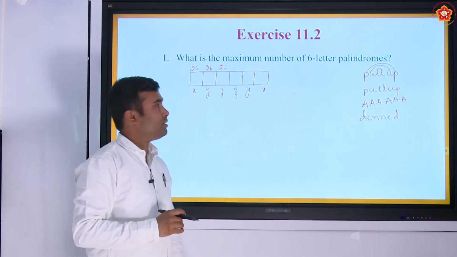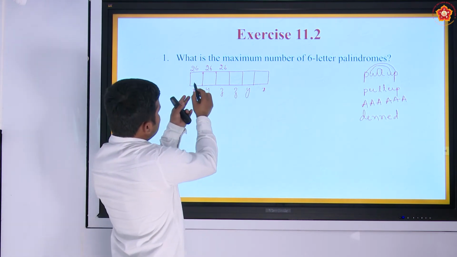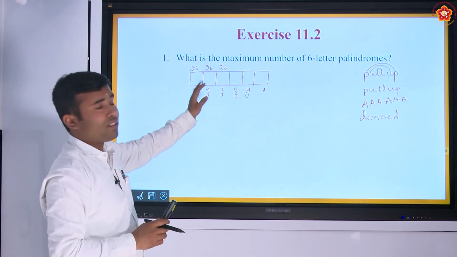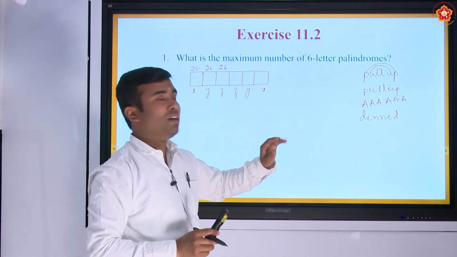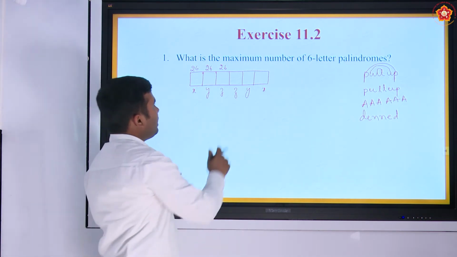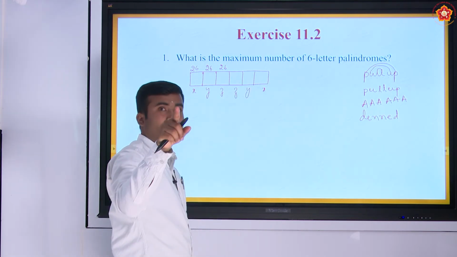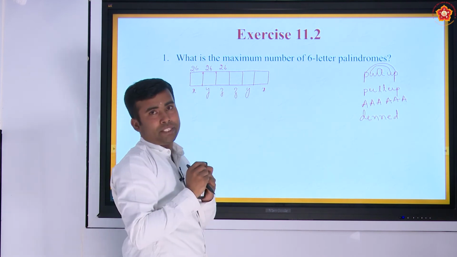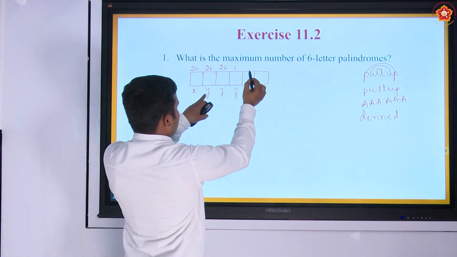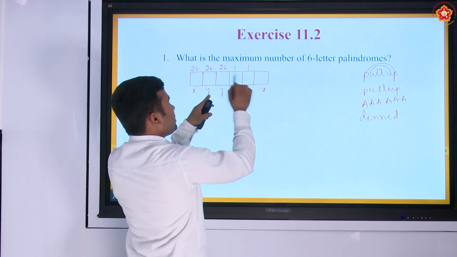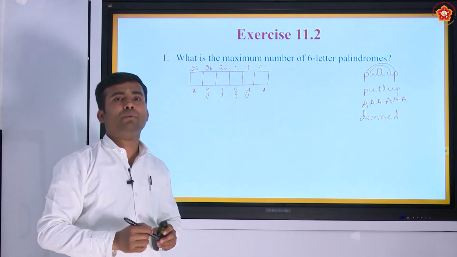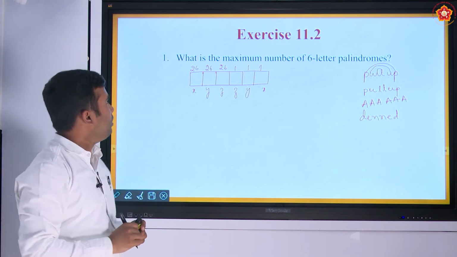So each of the first three vacancies can be filled in 26 ways, A, B, C, D till Z. The remaining vacancies will be filled in only one way, because the same letter should be repeated there.